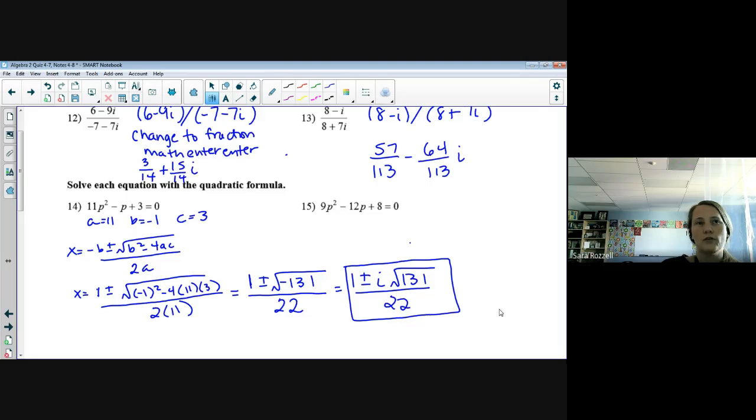So the only thing different when you're doing quadratic formula problems, if you have a negative, what do we put in the front of the square root sign? An i, and that's it. Okay. Those you can't do in the calculator, but everything else in this section, other than graphs, you're welcome to do that. Okay. So this one does not touch the x-axis because it has a negative discriminant.